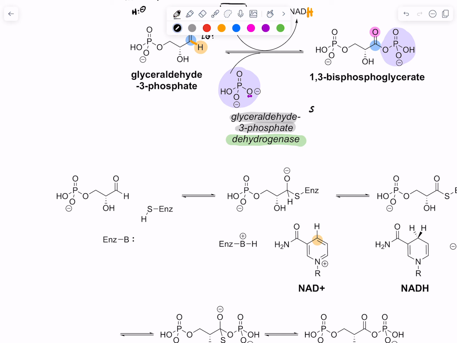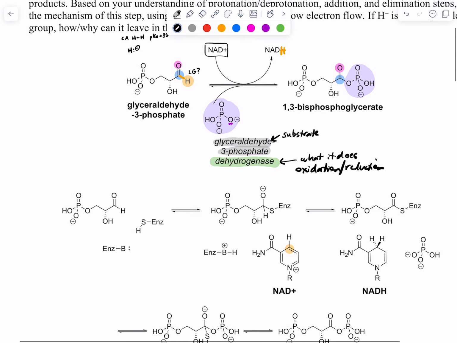The substrate of the enzyme is the molecule the enzyme acts on. So glyceraldehyde 3-phosphate is the substrate, and then dehydrogenase describes what it does. You will see in general that dehydrogenases do oxidation reduction chemistry, and we'll illustrate why it's called dehydrogenase in a little bit.